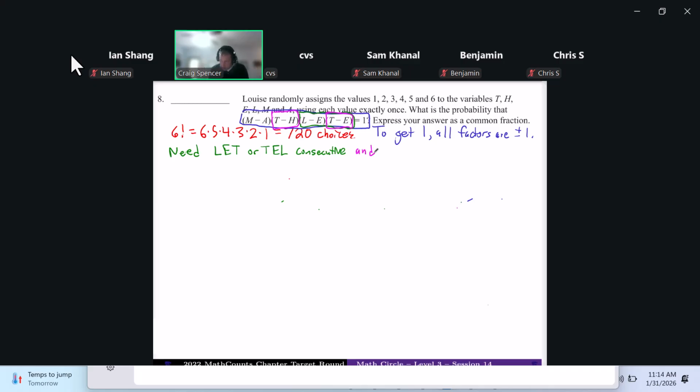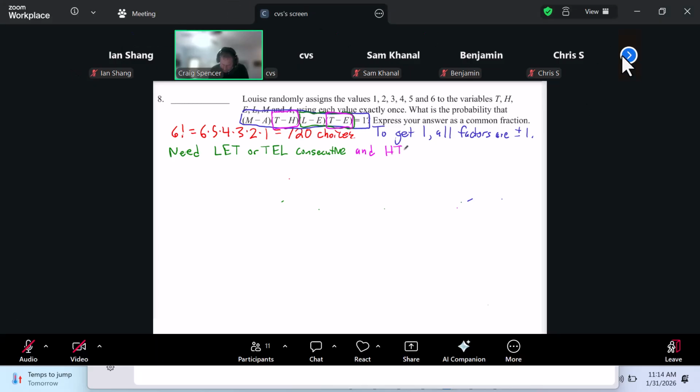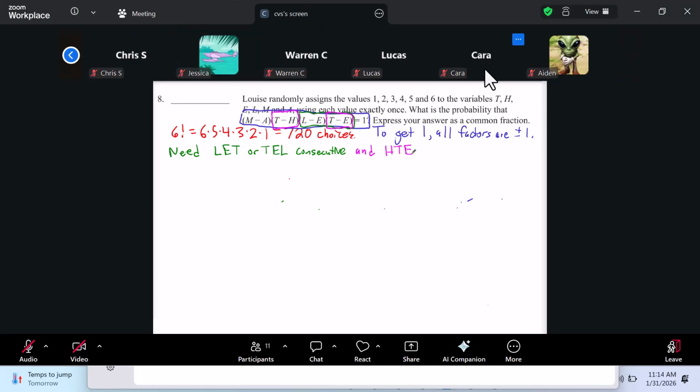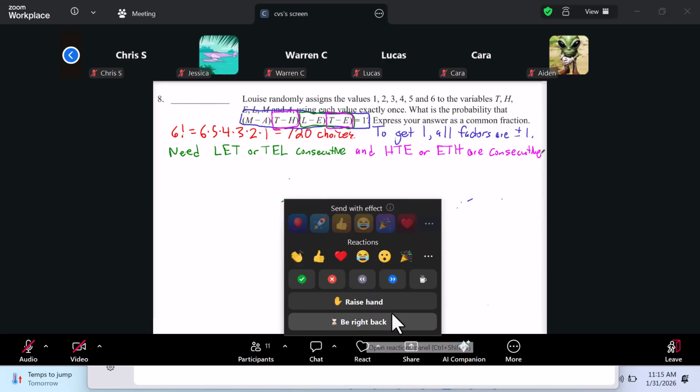So I know my T is sandwiched between E and H. So it could be HTE or ETH that are consecutive. But if you note here, there is a little bit of overlap because E and T are involved.